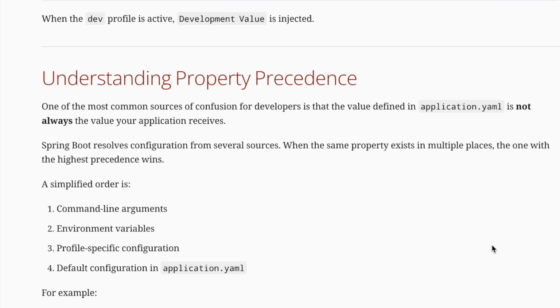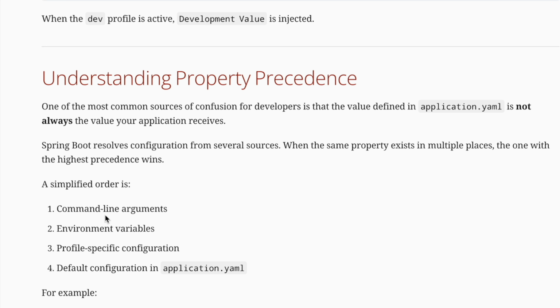That was the important information, really basic but fundamental. If you know that, you will work confidently with Spring Boot. I have seen developers get confused by this, especially the precedence. Values defined in your application YAML have the least precedence.